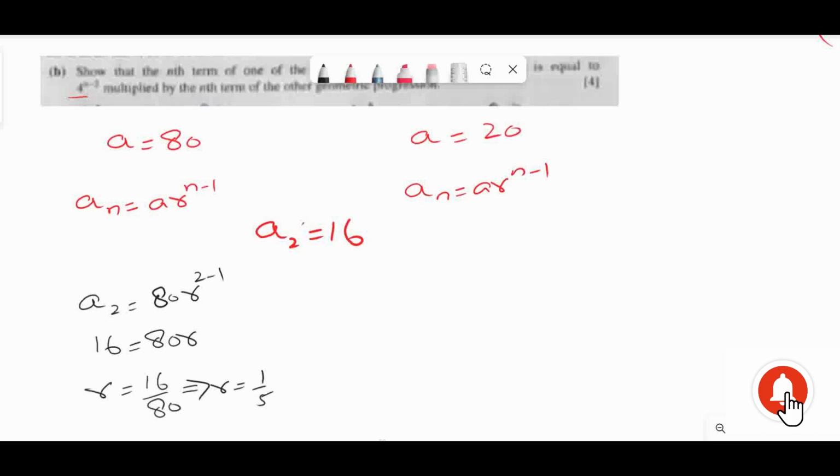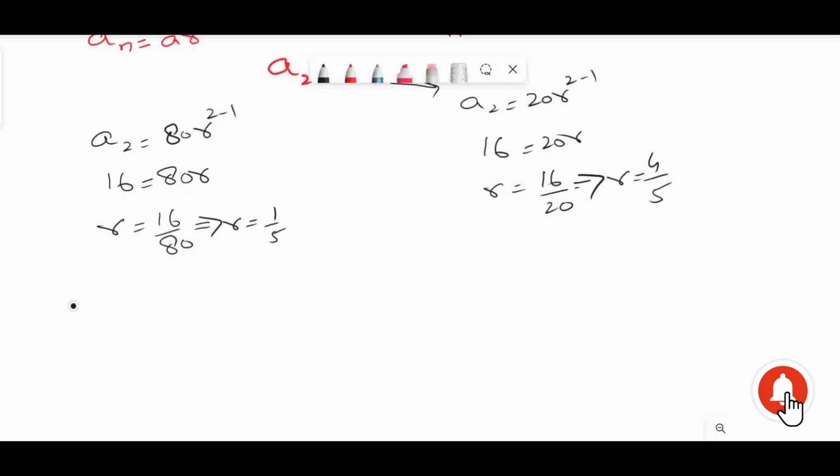Let's find out the value of r for the other case. a2 equals a r to the power 2 minus 1, where a is 20 here, which means 16 equals 20r. So r will be equal to 16 by 20, which means r will be equal to 4 by 5. This will be the second value of r.